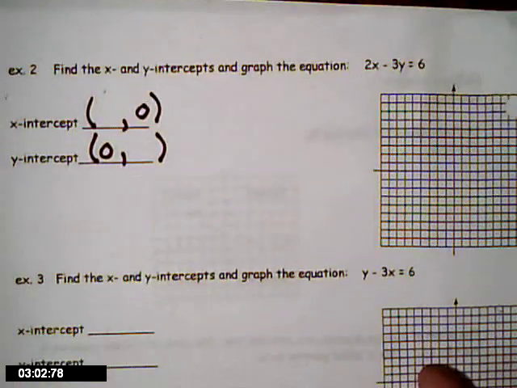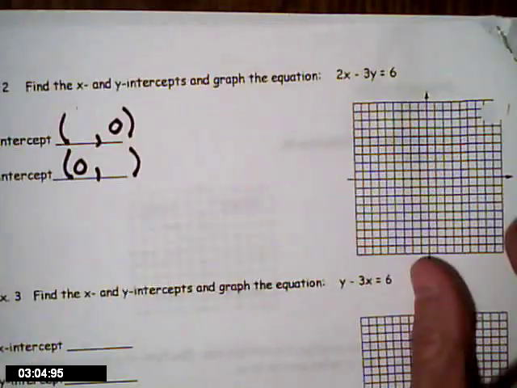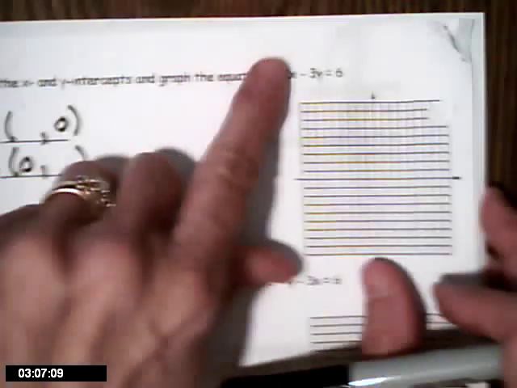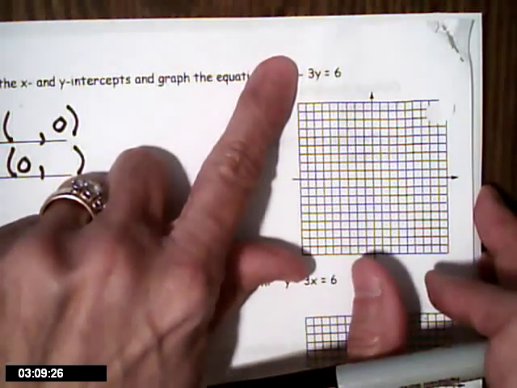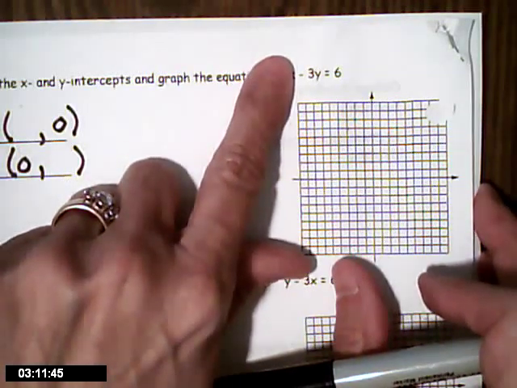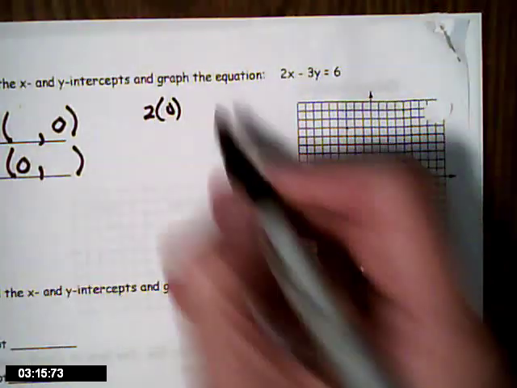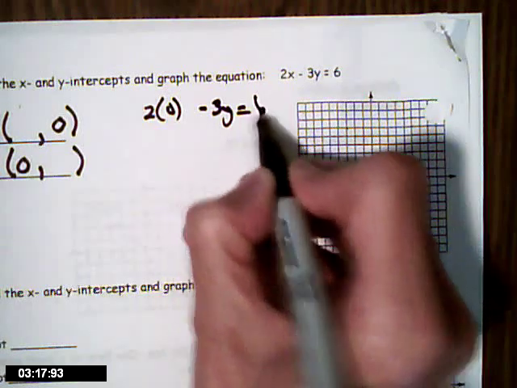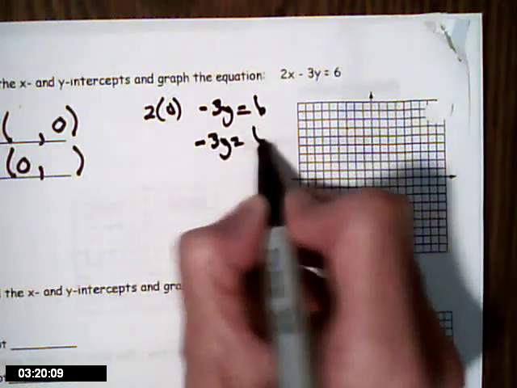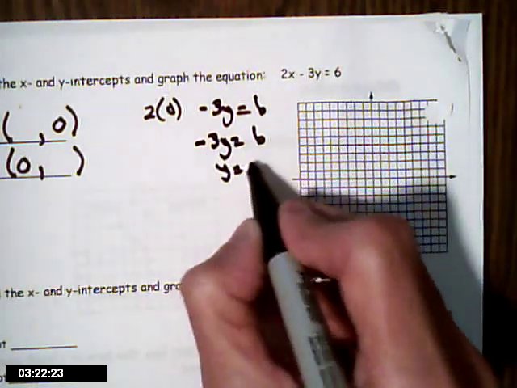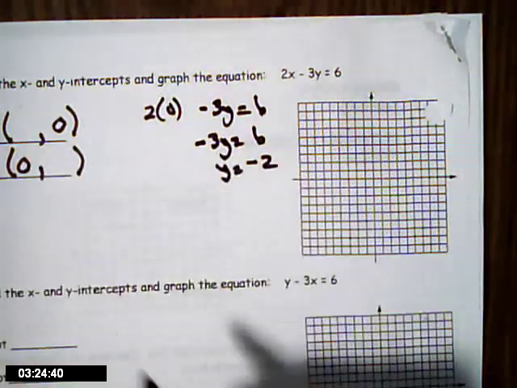Now if I let the x be 0, remember all I'm going to do is come right up in this equation, and x is going to become 0. It's gone. So I have negative 3y equals 6. And all I'm doing now is solving that equation, so y would equal negative 2.